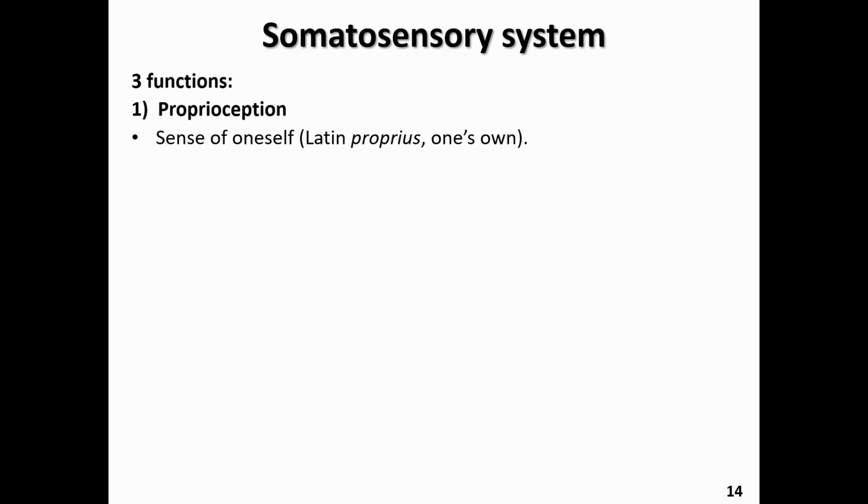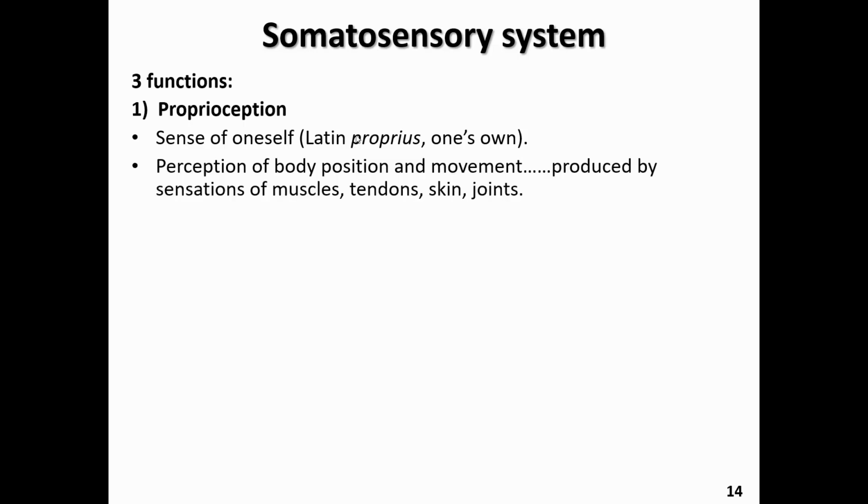When we think about the somatosensory system, there are three general functions, particularly when it relates to the control of human movement. The first is that the somatosensory system serves in a proprioception manner. The term proprioception generally means one's own, or a sense of oneself, and it's the perception of body position and movement.